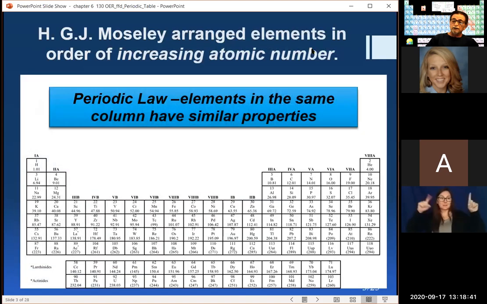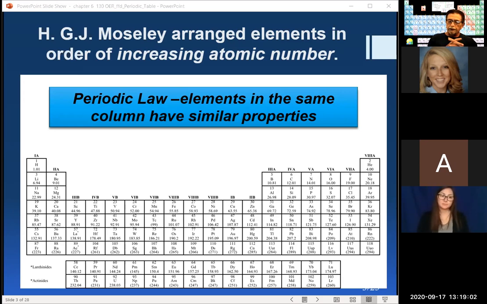Well, further down the road, another scientist, Moseley, I believe you pronounce it, created his periodic table based on increasing atomic number. Mendeleev didn't have that information, and if he would have, he probably would have had a very similar periodic table.